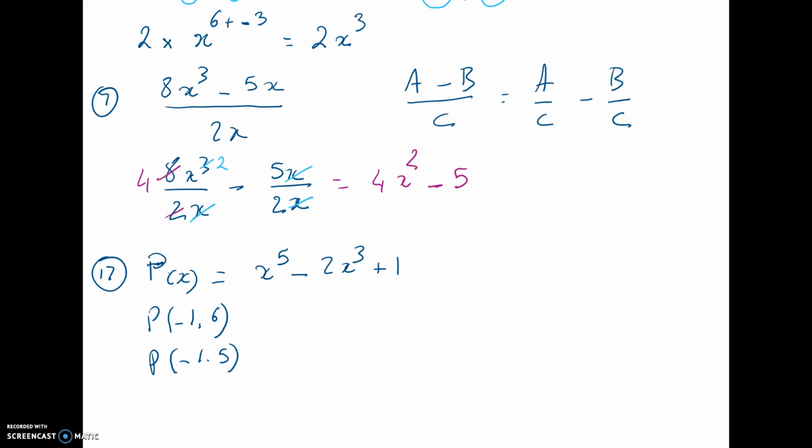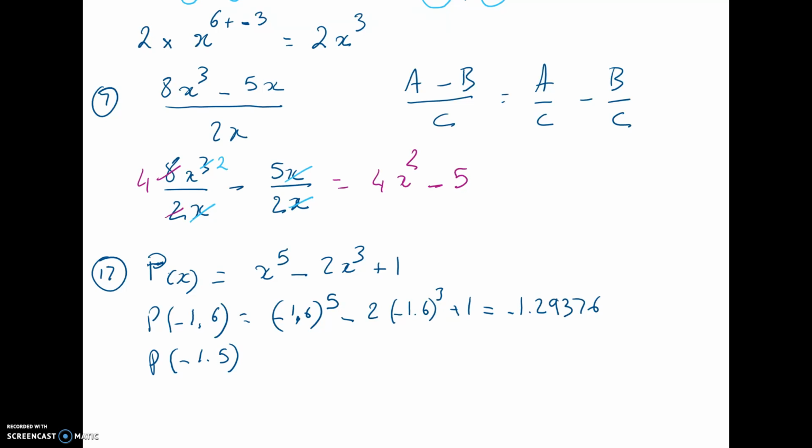When I calculate p of negative 1.6, which is basically substituting negative 1.6 instead of x, negative 1.6 to the 5th minus 2 times negative 1.6 cubed plus 1, I end up finding negative 1.29376.